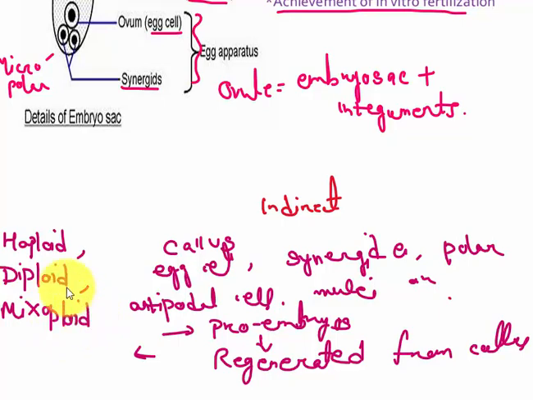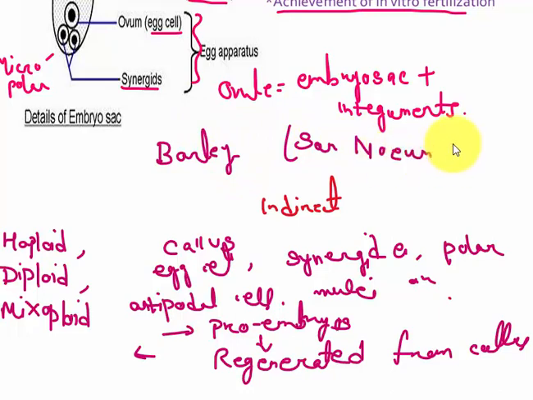Okay, so the first successful ovule culture was reported in barley by San Noeum, and it is also successful in onion, that is Allium cepa.